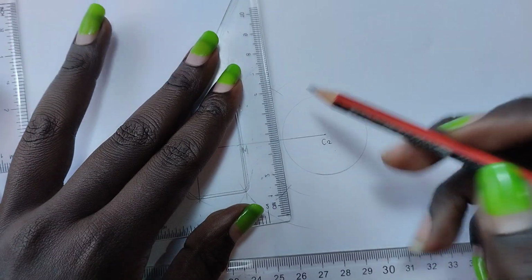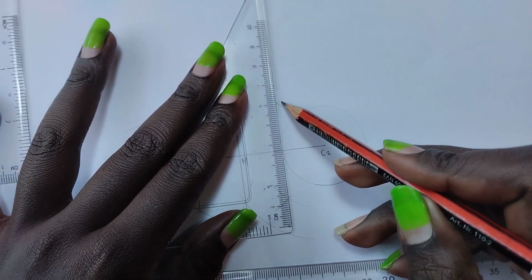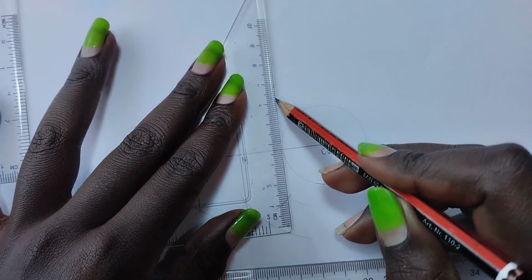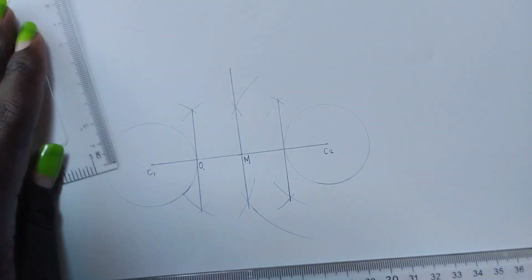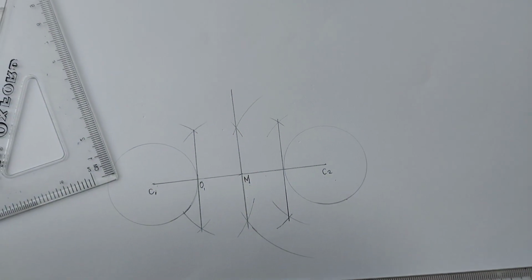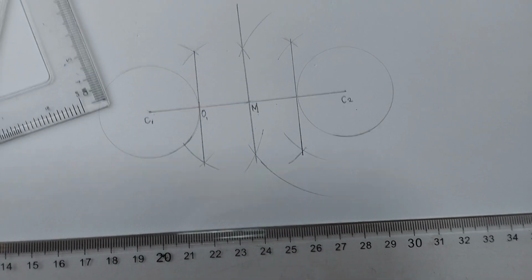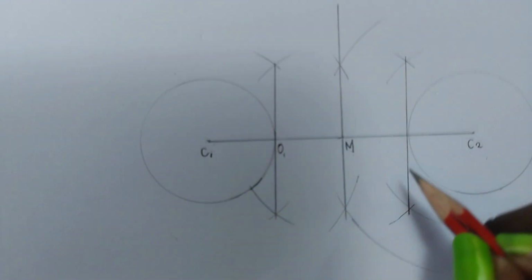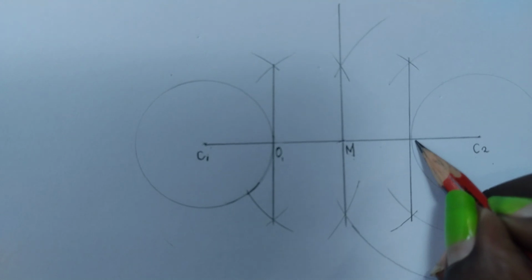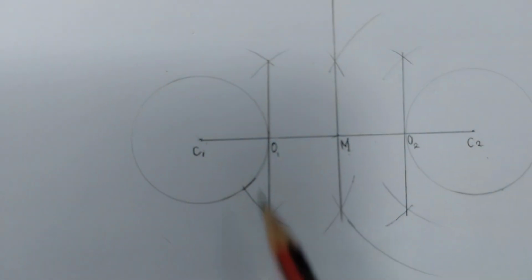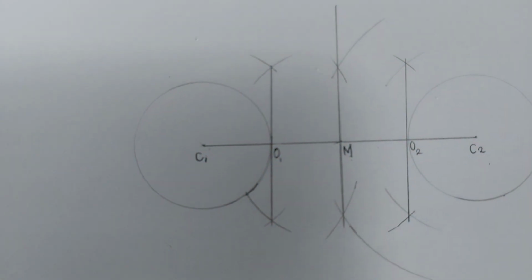So join the two points of intersection of the two arcs. I'm really hoping you're having the same picture as what I have in our drawing. Now let's call this point O2. Remember, we had O1 and now we have O2.